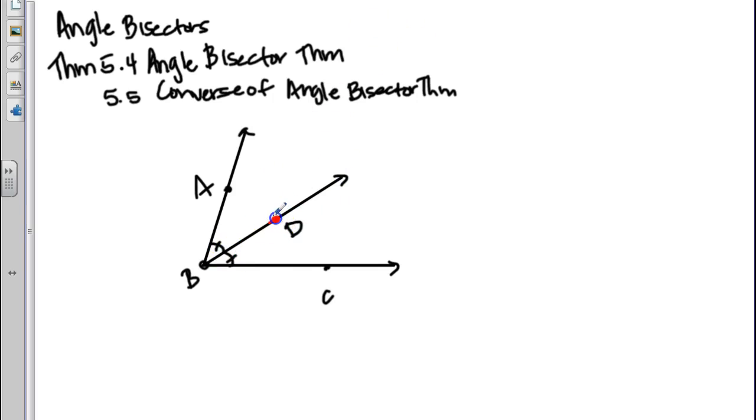If I have a point on this bisector, then if I draw a line back that would be perpendicular here, let's see if I could get one perpendicular. That looks perpendicular. Okay.